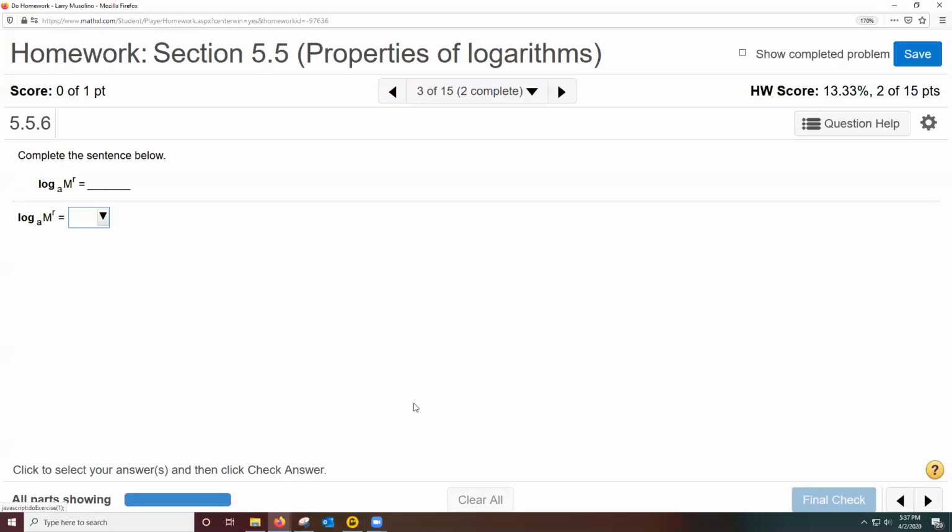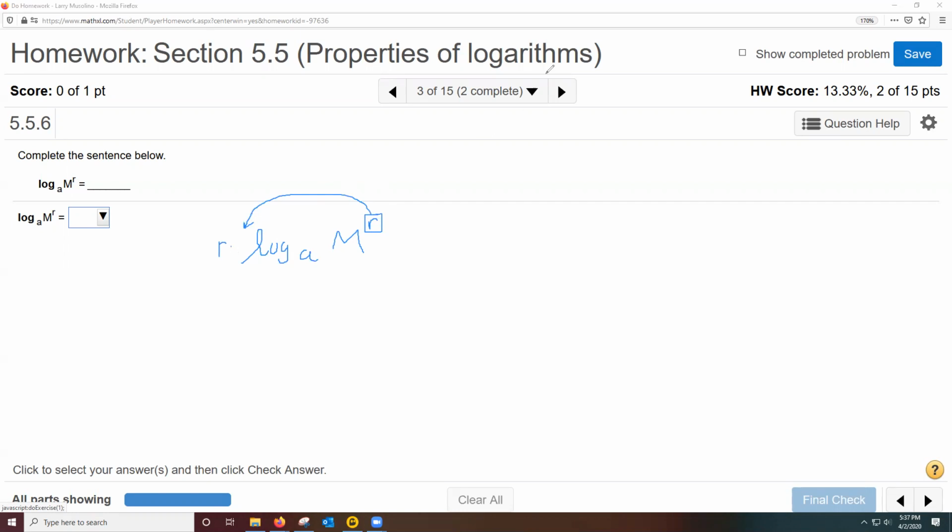This property is a way to handle exponents. Let me write this out here for a second. So they're giving us log to the base a of m to the r. What this property says is you're allowed to take this exponent and bring it down in front of the log as a multiplier.